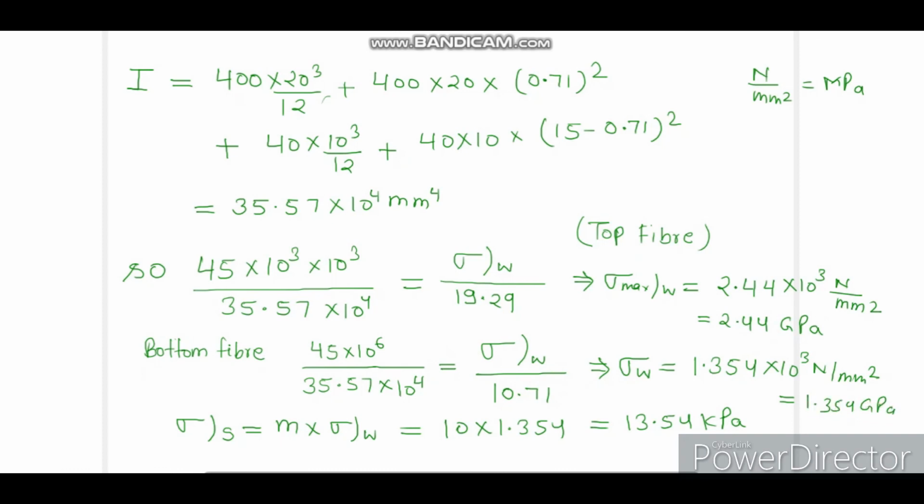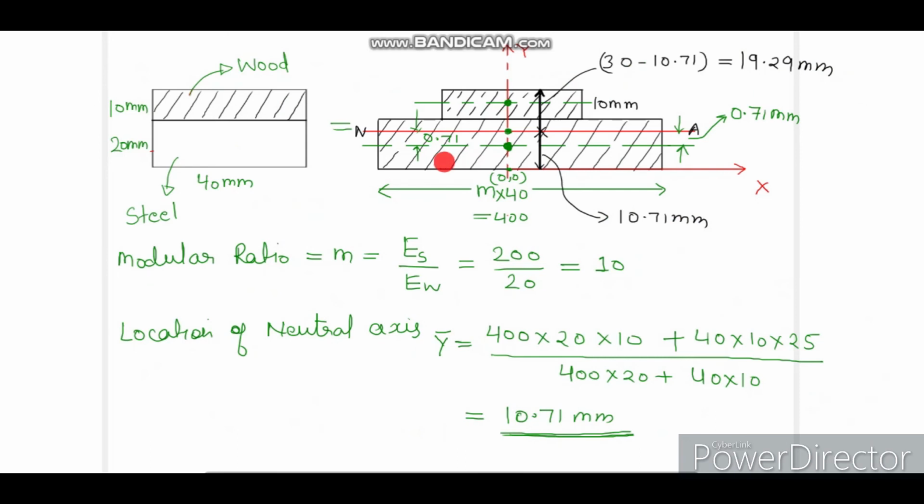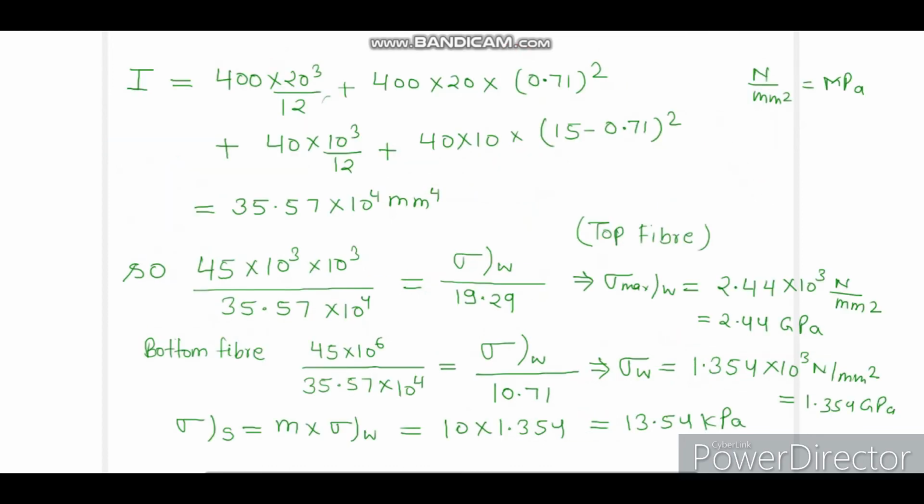Now, if this is not wooden material but steel, then the stress becomes the modular ratio times the maximum bending stress in wood. So the maximum bending stress in steel is the modular ratio times the bending stress in wood. We multiply this bending stress by 10, the modular ratio, and we get 13.54 gigapascal.